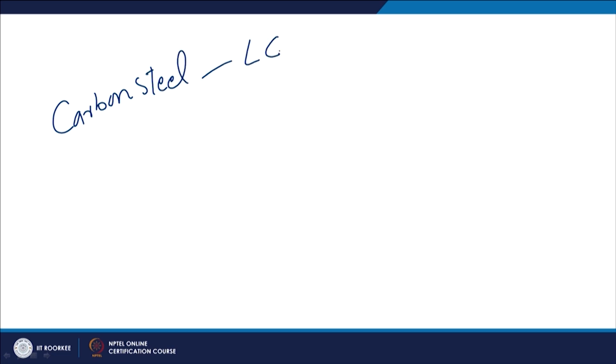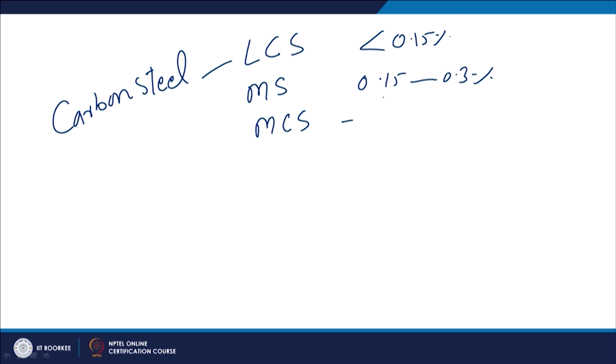One is the low carbon steel, where carbon content is less than 0.15%. Then we have the mild steel, where carbon content is about 0.15 to 0.3%, and then medium carbon steel, where it is in the range of 0.3 to 0.5%, and high carbon steel greater than 0.5%.